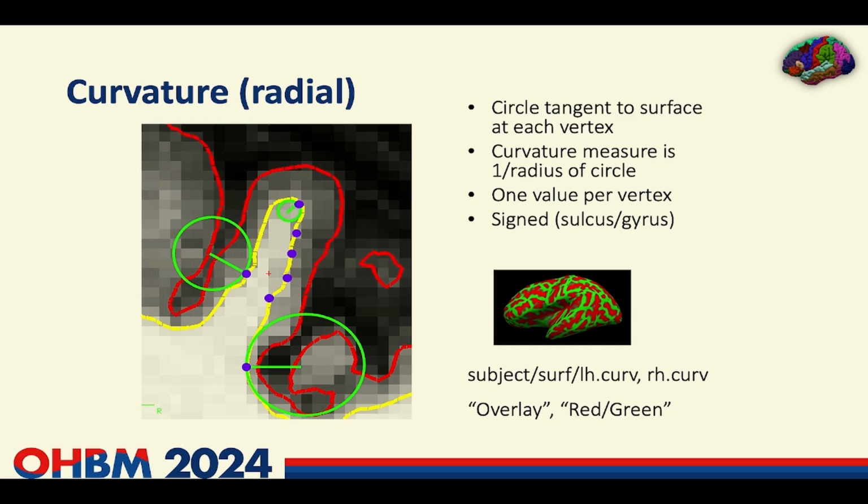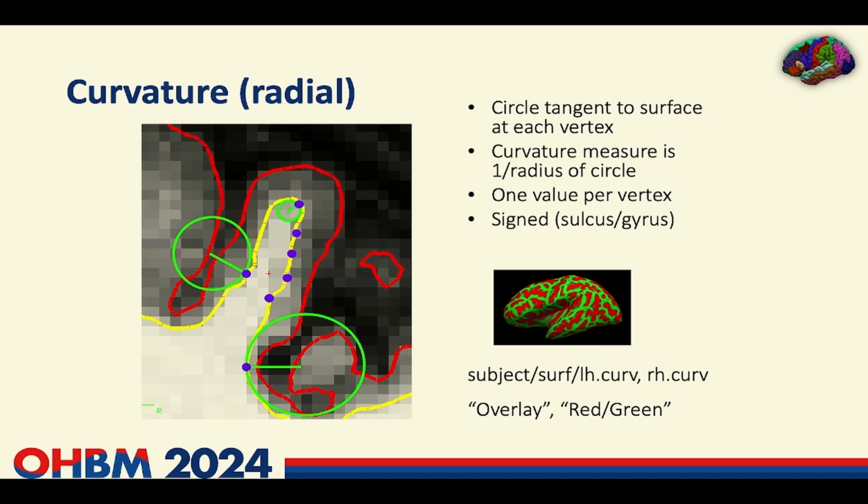And now I'm going to tell you a little bit about the various features that also get computed while you run the pipeline. One measure that we compute is the curvature measurement. At each vertex, we can fit a circle tangent to the surface, and the curvature measurement is going to be 1 over the radius of this circle. There's going to be one single value assigned per each vertex.